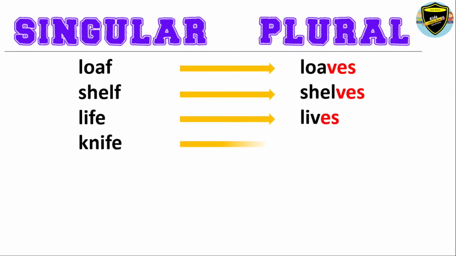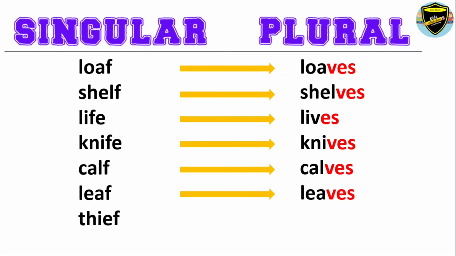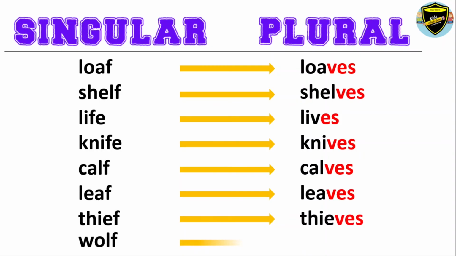Knife will become knives. Calf will become calves. Leaf will become leaves. Thief will become thieves. Wolf will become wolves.